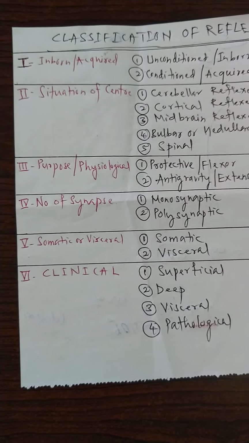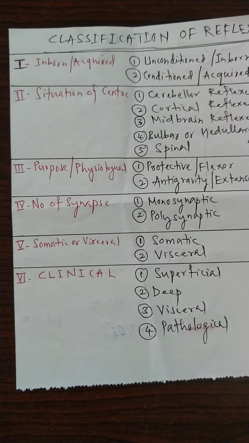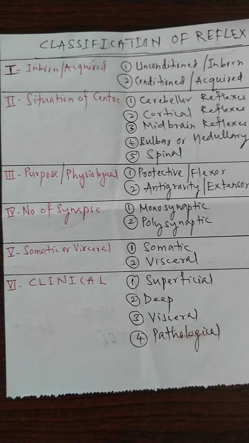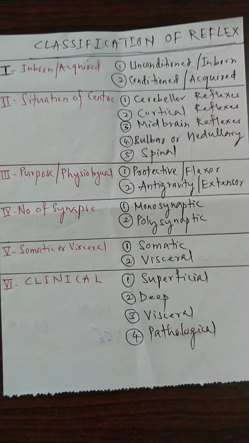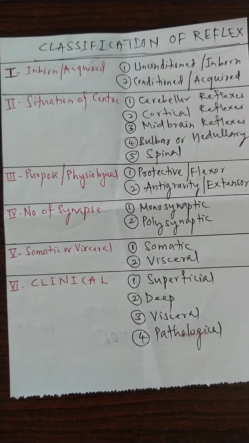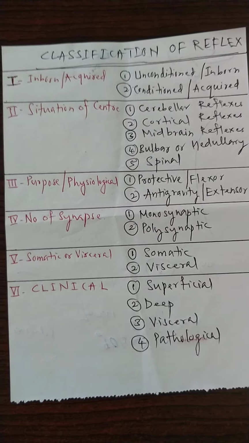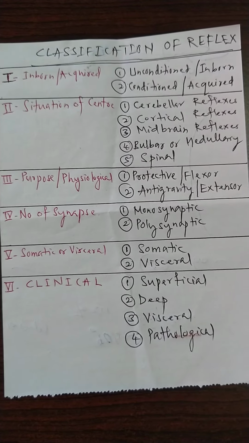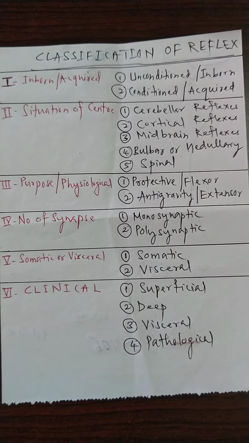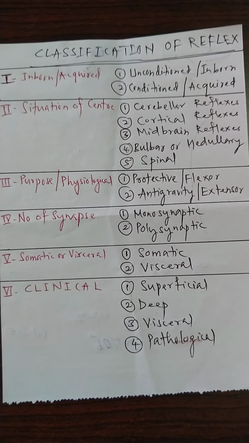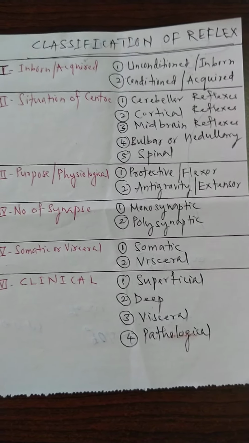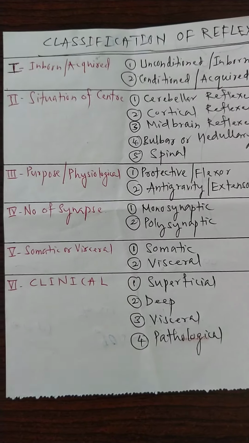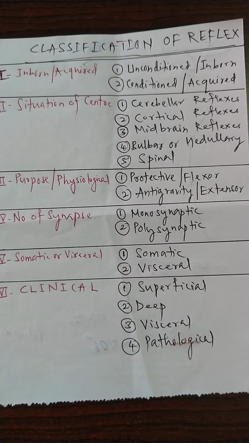Then the fourth type of classification is depending upon the number of synapses. There are two types of reflexes, monosynaptic and polysynaptic. Monosynaptic means the reflex arc has only one synapse. Polysynaptic means the reflex arc has more than one synapse. Then the fifth type of classification is depending upon whether they are somatic or visceral reflexes.